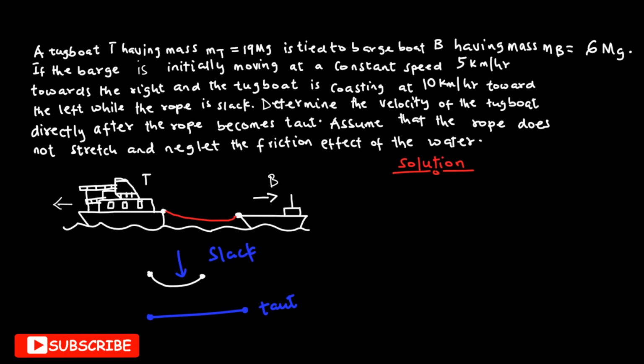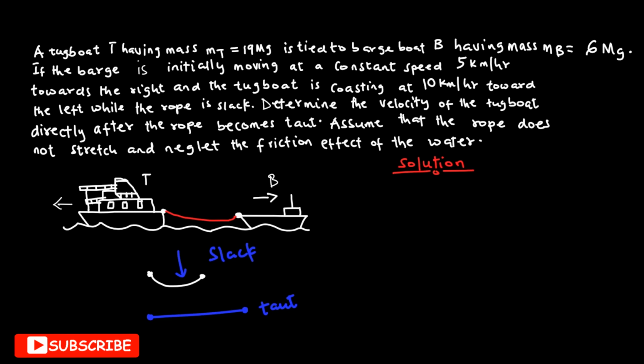But as soon as the rope becomes taut, they will start moving at the same velocity because one will be pulling the other. So that's what this means. Let's look at how you are going to calculate this. You are going to use the principle of conservation of what? Momentum.